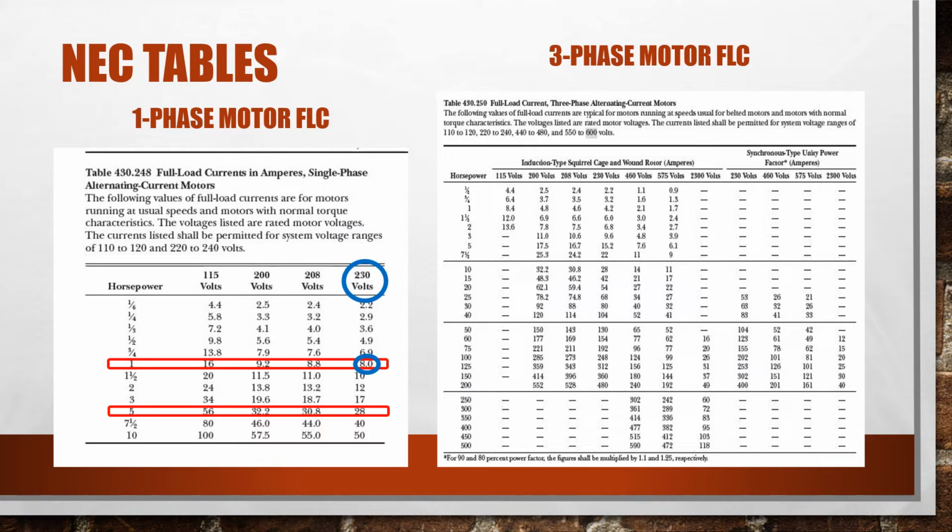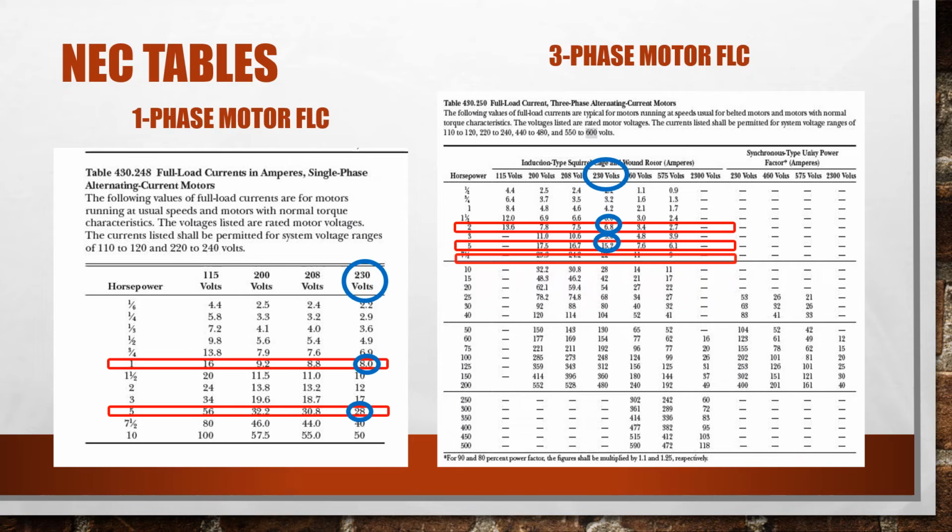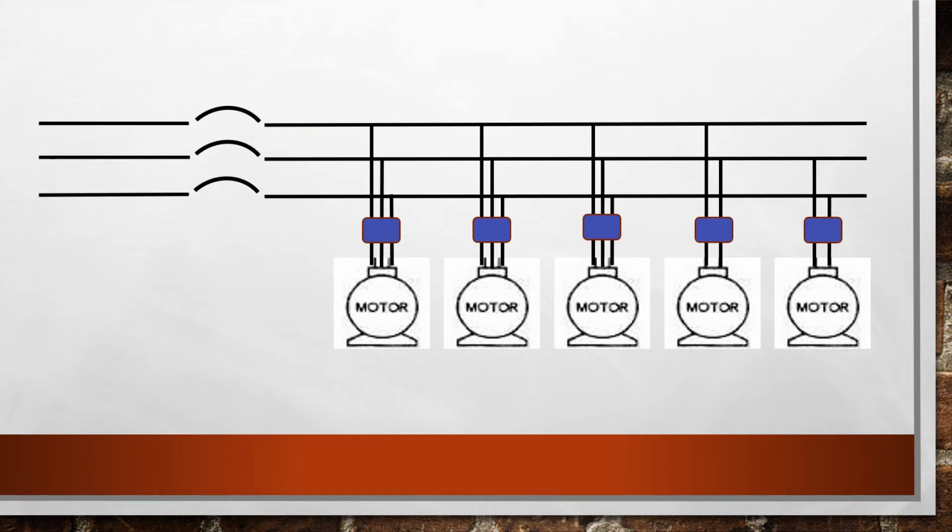For 5 horsepower, we have 28 amperes. And in the 3-phase table, under 230 volts, for 2 horsepower, we have 6.8 amperes. For 5 horsepower, we have 15.2 amperes. For 7.5 horsepower, we have 22 amperes.